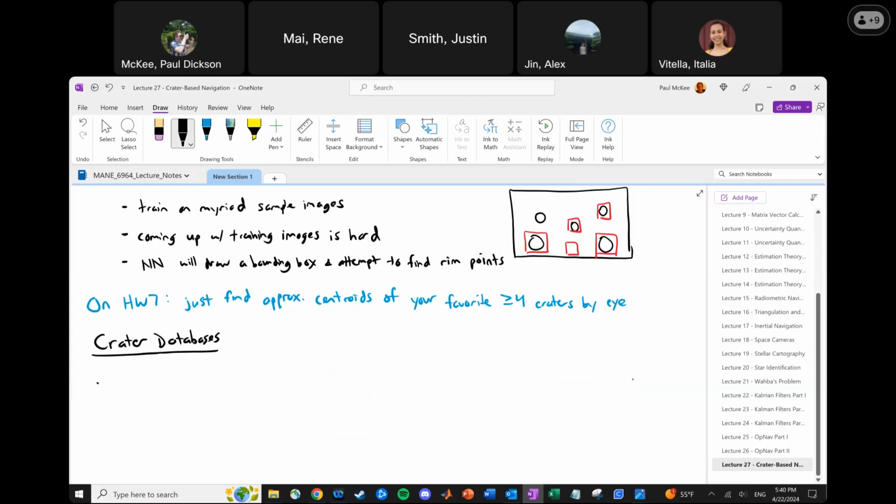So, scientists have already created databases of lunar and Martian craters. Isn't that nice? And this is kind of similar to a star catalog.